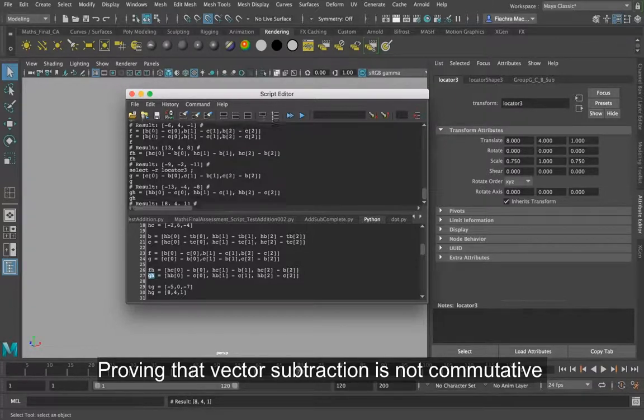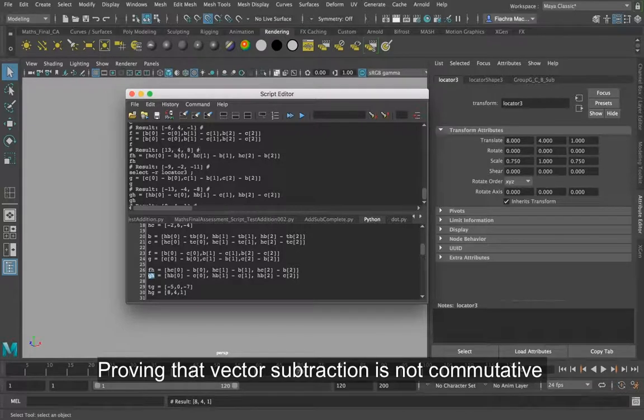The result for F is 13, 4, and 8. So they're essentially the inverse of each other, so their direction is the exact opposite of the other one. That suggests that it's not the same either way in terms of subtraction.